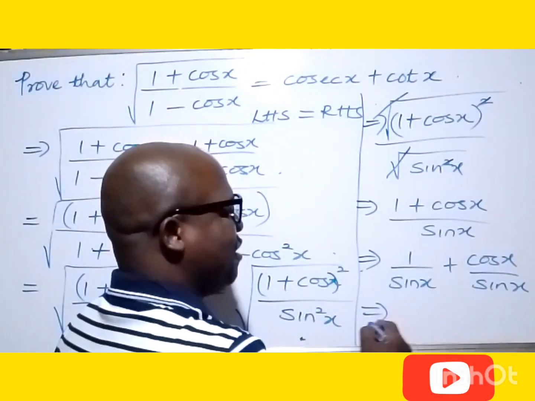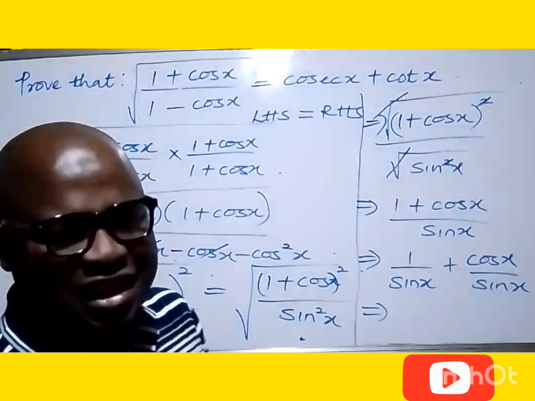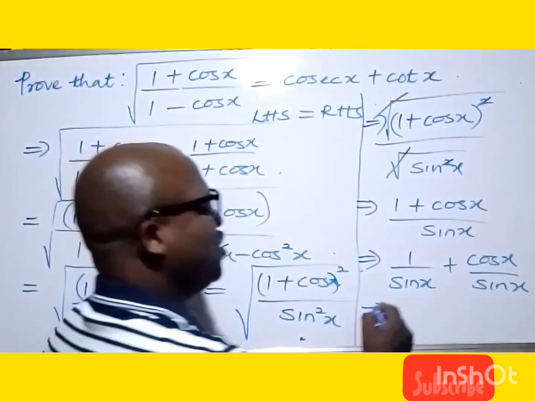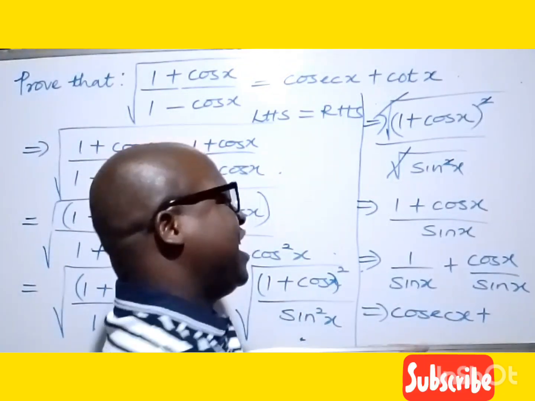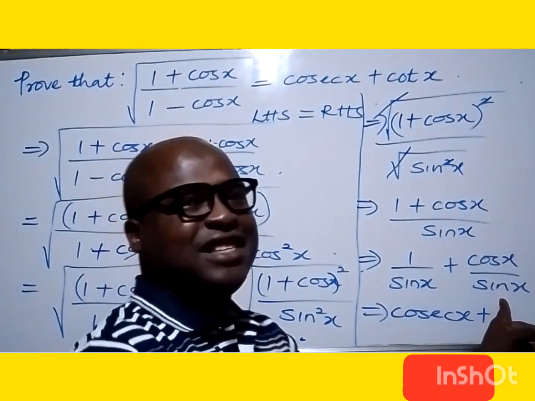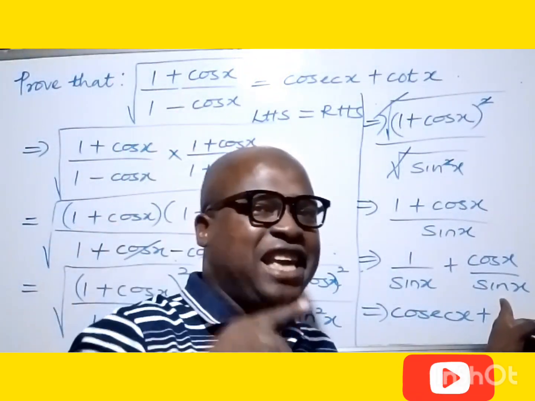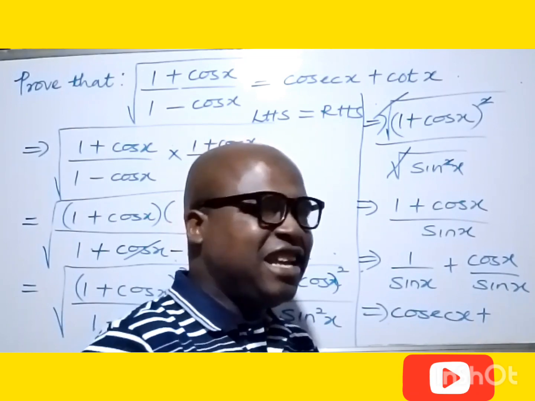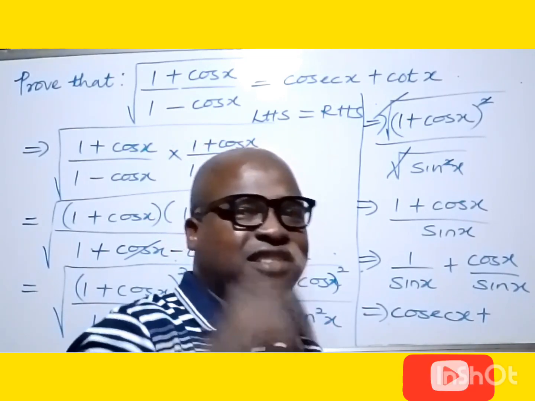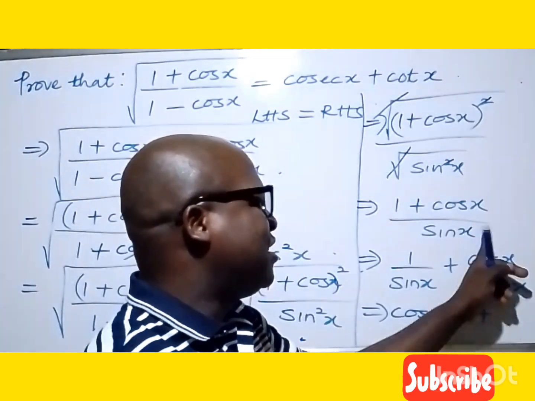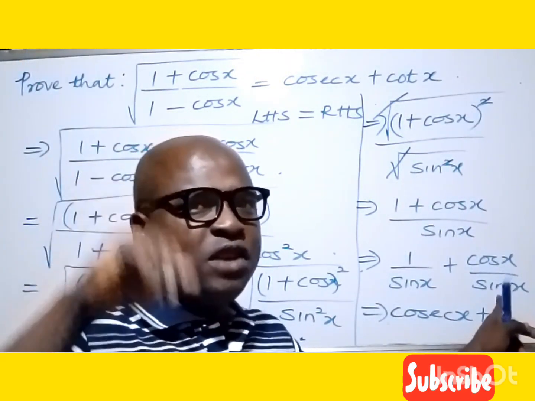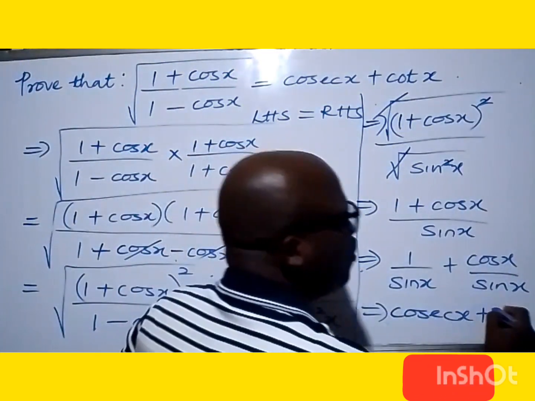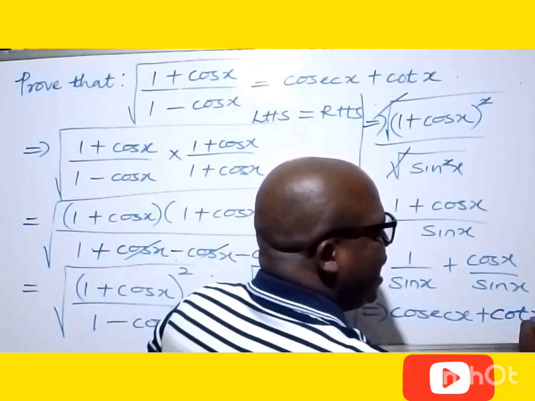So 1 all over sine x actually gives us cosec x. And here, cos x all over sine x is the inverse of sine x all over cos x. Sine x all over cos x is tan x, and cos x all over sine x is 1 all over tan x, which is equivalent to cot x.